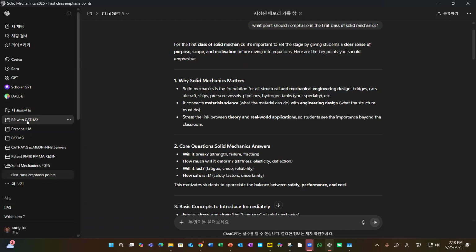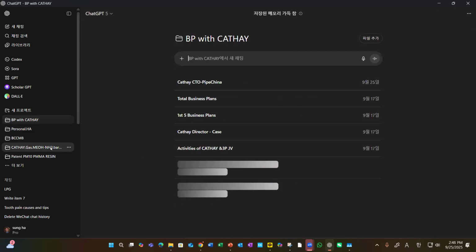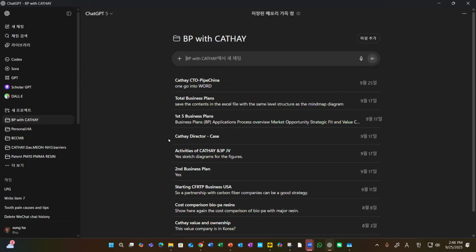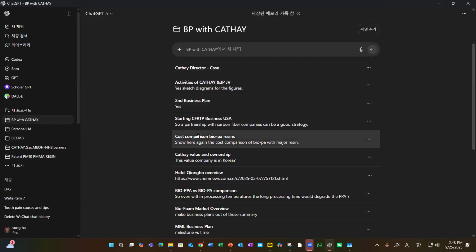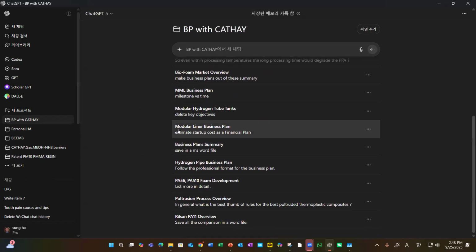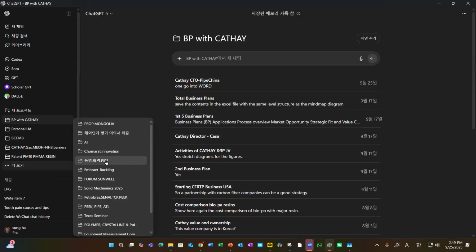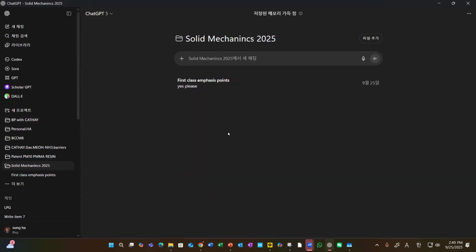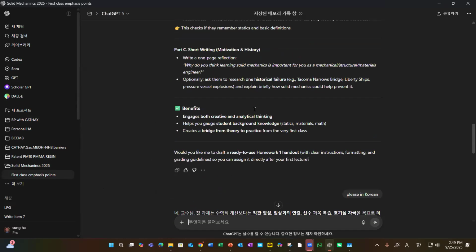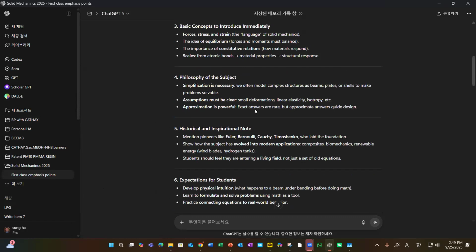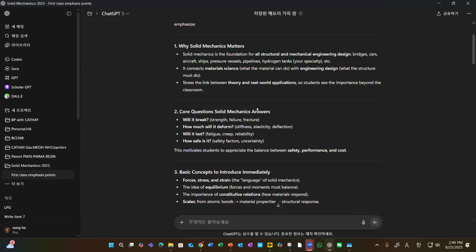내가 이렇게 퍼스널한 거라면 꼭 보일 필요는 없지만, 예를 들어서 캐세이라고 여러 큰 회사가 하나 있는데 거기랑 여러 가지 비즈니스 플랜을 짤 때 쓰기도 합니다. 일단 중요한 거는 지난번에 여러분들이랑 하나 프로젝트를 만들었어요. 솔리드 메카닉스. 그래서 첫 번째 클래스에 ChatGPT is with us.